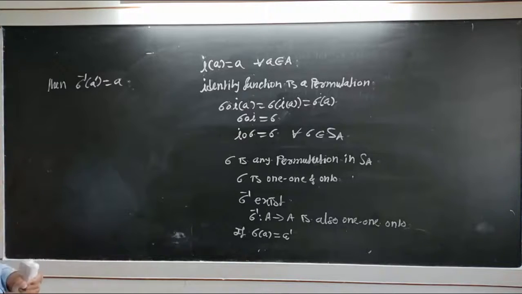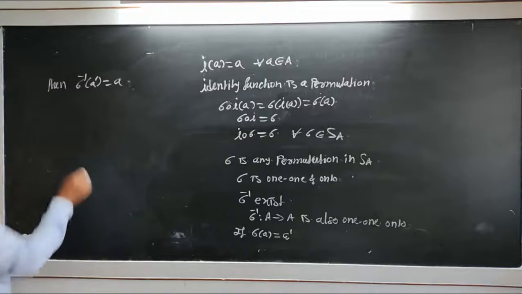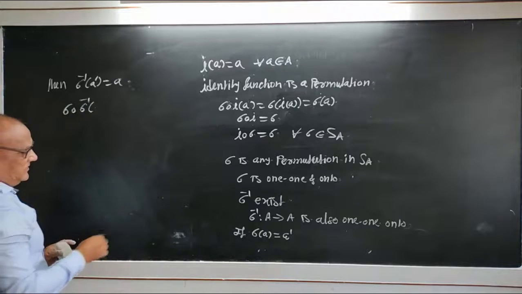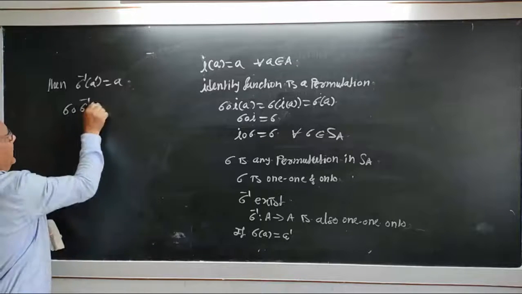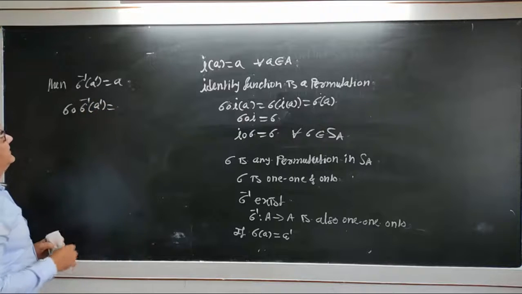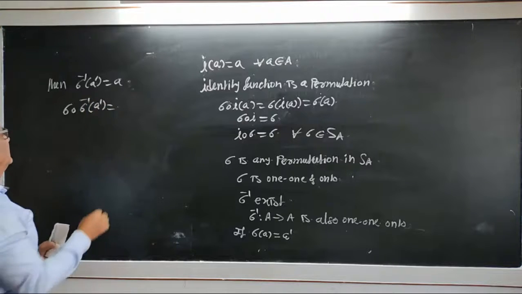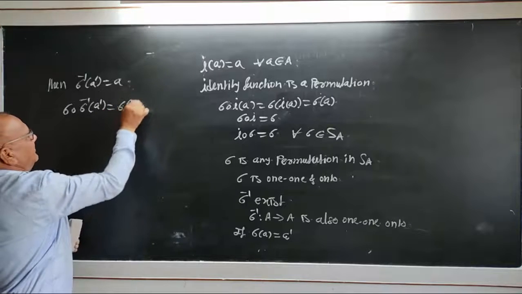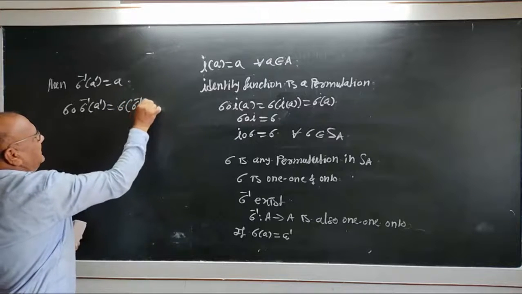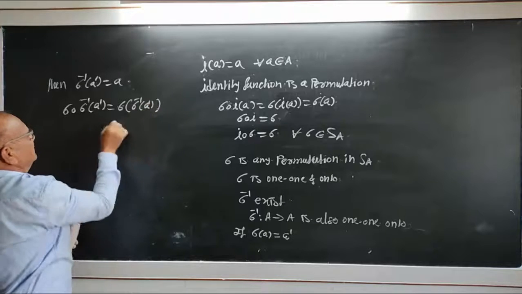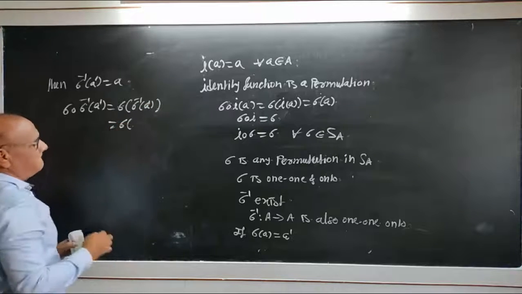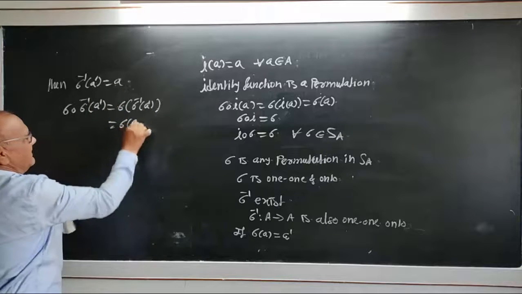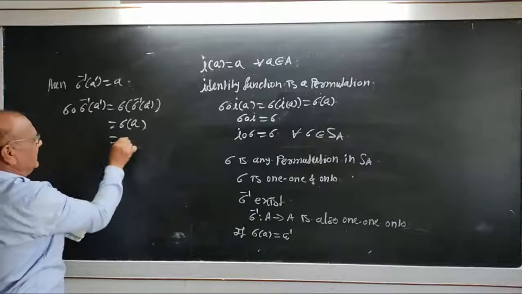Sigma of sigma inverse of a dash: sigma inverse of a dash is a, and sigma of a is again a dash.